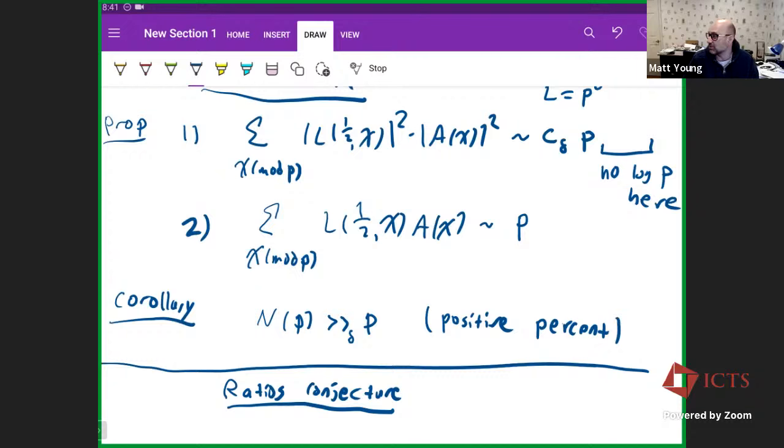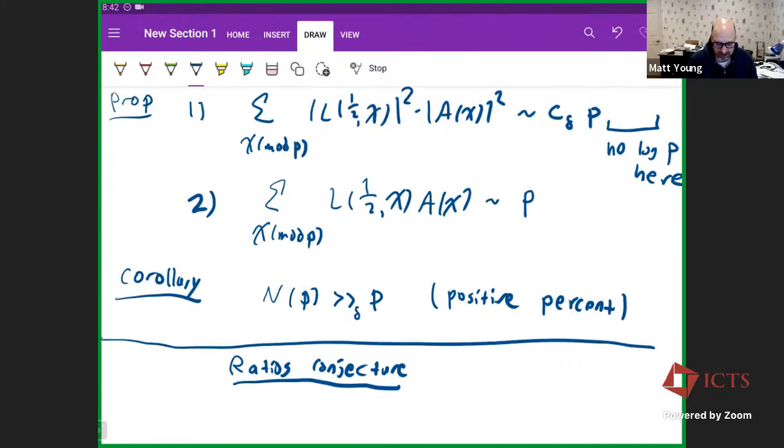It also helps if you want to try some new kind of mollifier: you might plug it into the ratios conjecture and see what you get and see if it's useful. If your new idea turns out to not be very useful, you might not bother working out all the details. So it's a much more efficient way to tell if this is good.